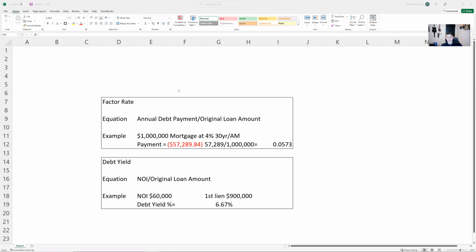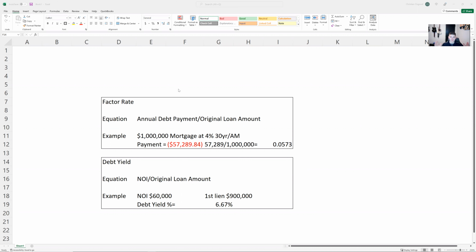Well, it depends, because in real estate, typically we've got what's called an amortization schedule, which means you're not just paying interest, but you've also got debt pay down. And the way that we underwrite what an amortization schedule looks like is with what's called a mortgage factor rate or rate factor. This equation's sole purpose is to find out what that extra little bit of debt pay down is.